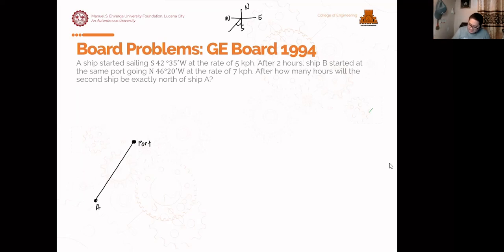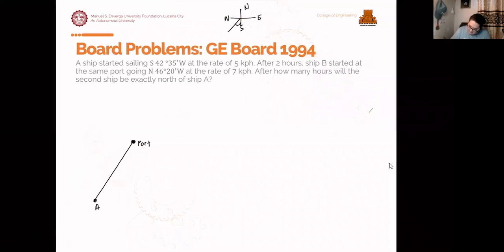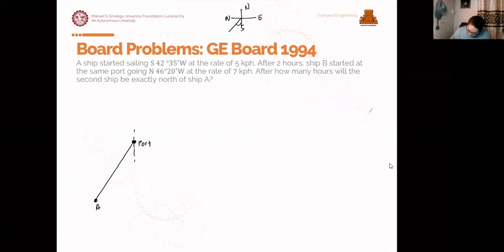Si ship B, pupunta siya ng northwest. So, northwest tayo. So, dito. And ang northwest is from north to west. So, ito. Okay? So, ito lalagyan ko lang, ito yung angle natin na south 42 degrees 35 minute west.